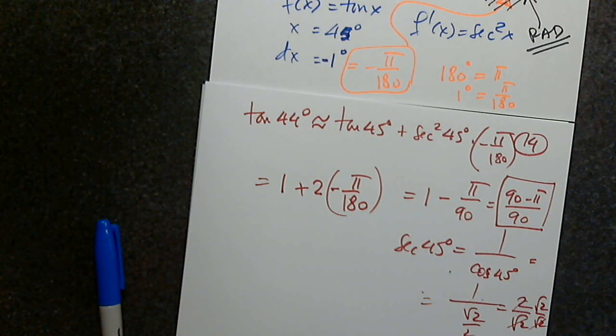So make sure your calculator is in degree mode, just for this situation. So I'm going to write tangent 44, and then in parentheses 90 minus pi, close the parenthesis, and divide by 90.